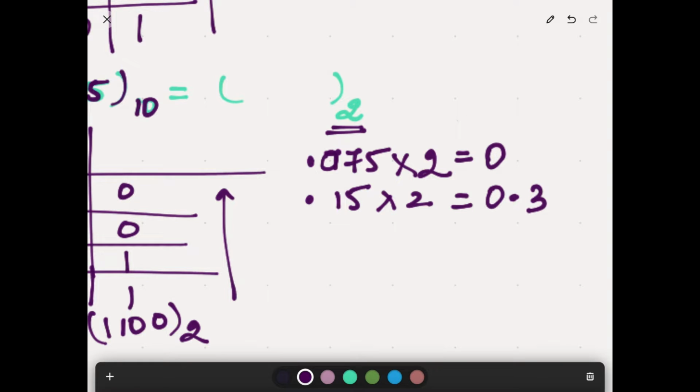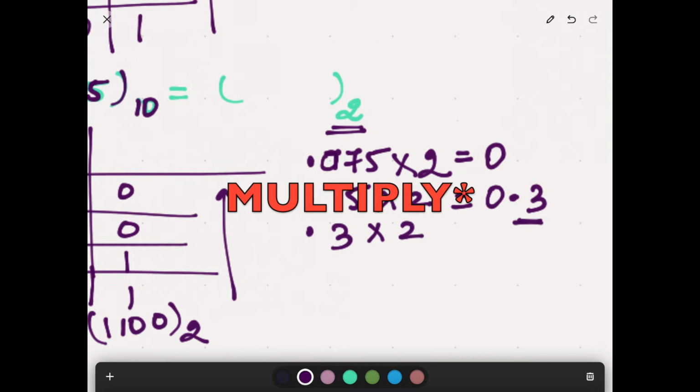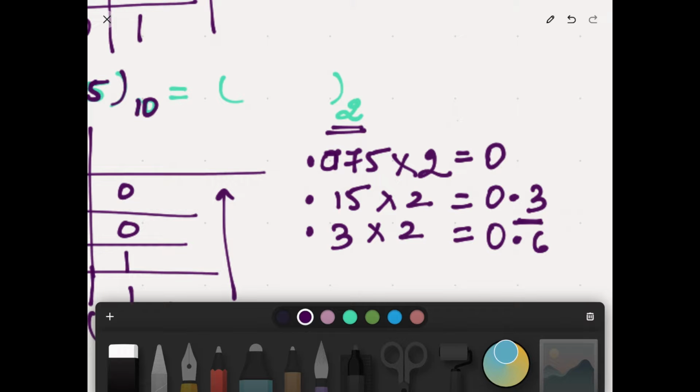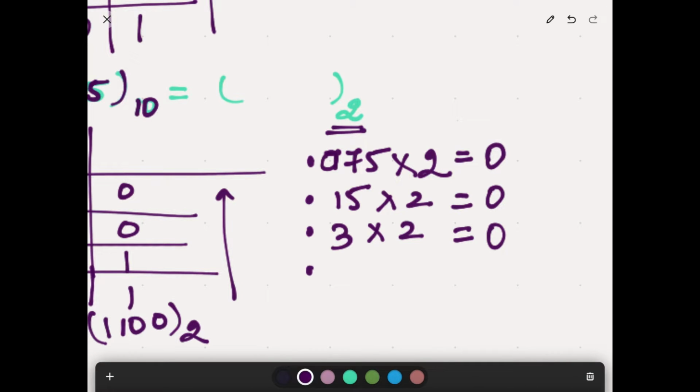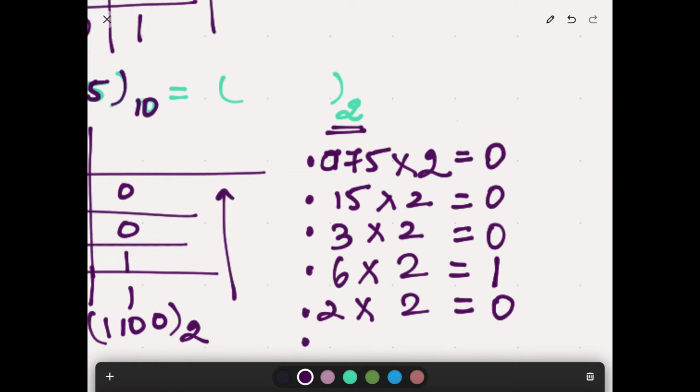Again we take just 0.3 and multiply by 2, it gives us 0.6. Out of the 0.6, we keep only the 0 here and take 0.6 down. When we multiply it again by 2, it gives us 1.2. From there, I just take 1, and 0.2 gets multiplied by 2 again, which gives us 0.4. I take 0.4 here and keep the 0 here.